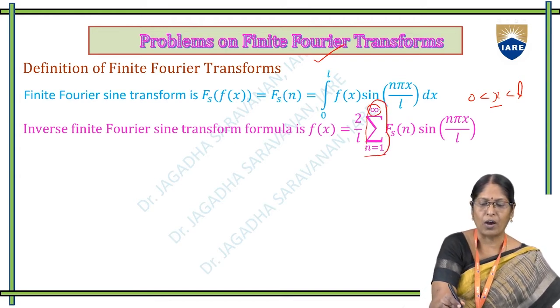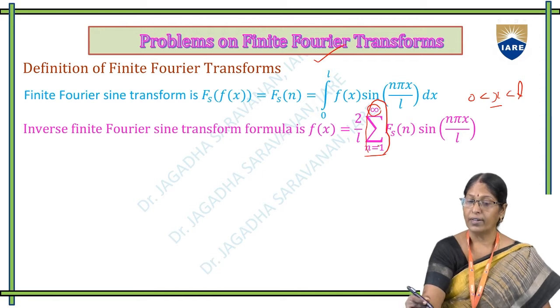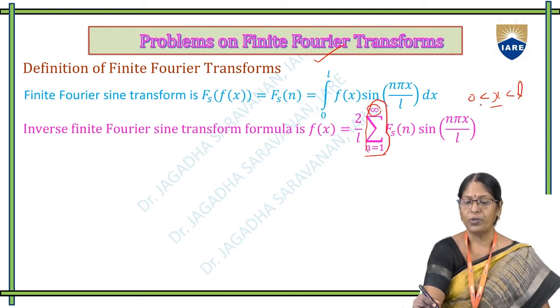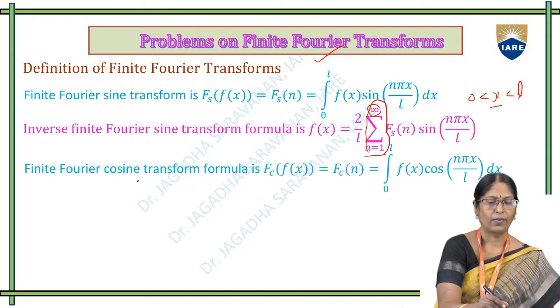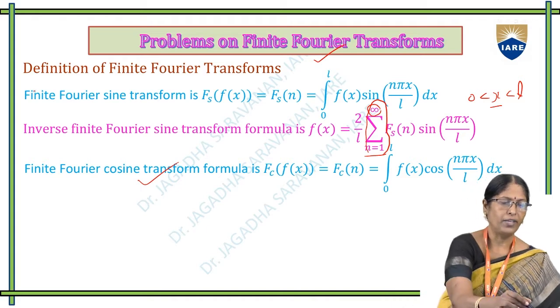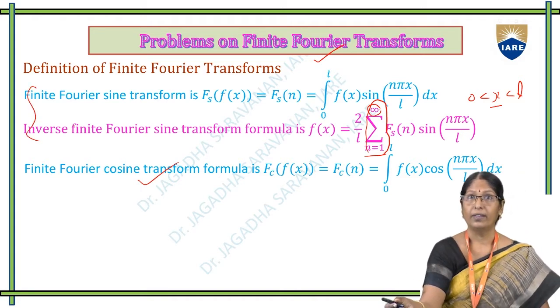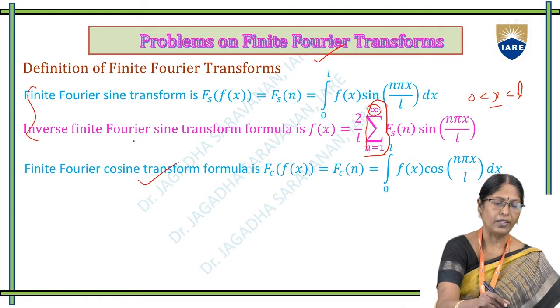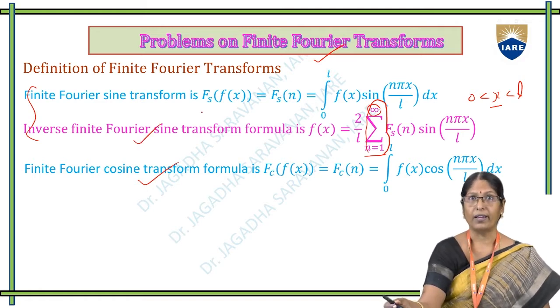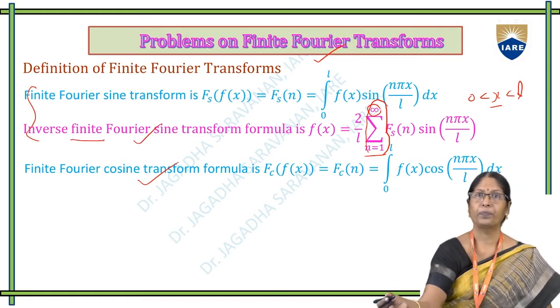This point we have to be very careful: if x lies between 0 to L, then it is finite. So we completed here regarding Fourier sine and inverse Fourier sine under finite.